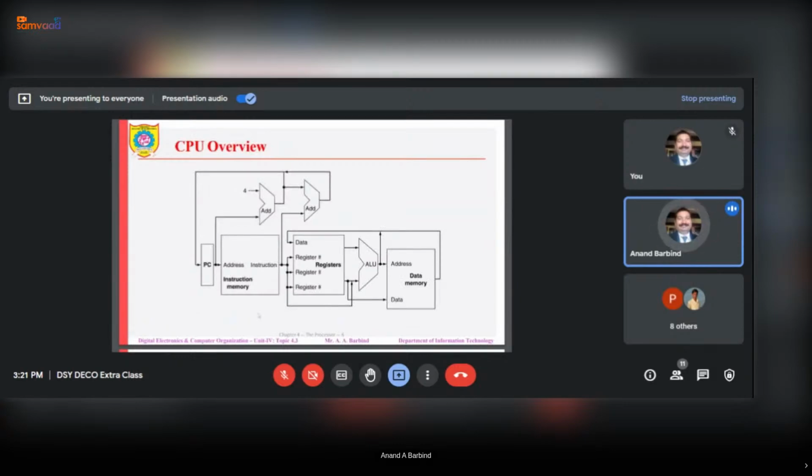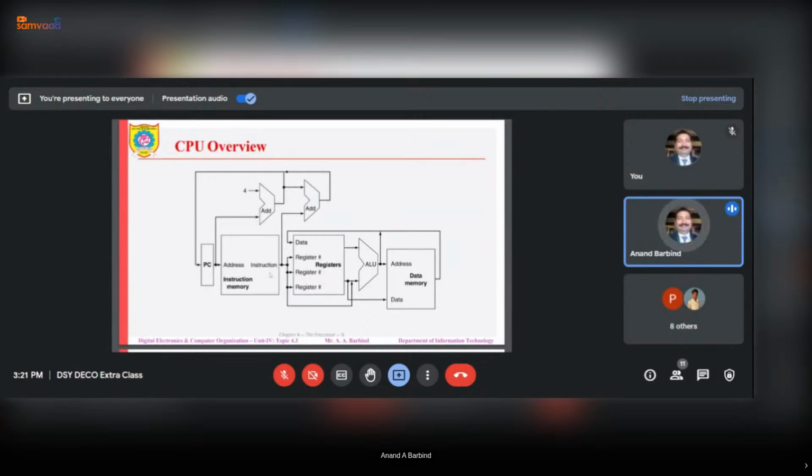So this is the simple architecture of the MIPS processor. You can see that there is a PC, program counter, and there is instruction memory. The input to the instruction memory is the address given by the program counter from where the instruction is to be fetched.